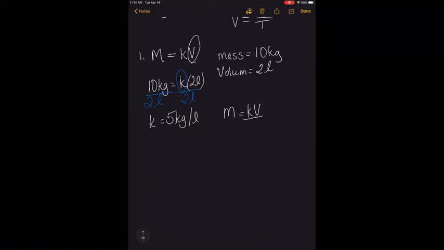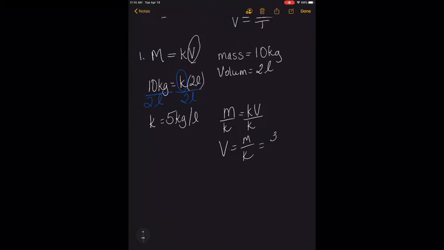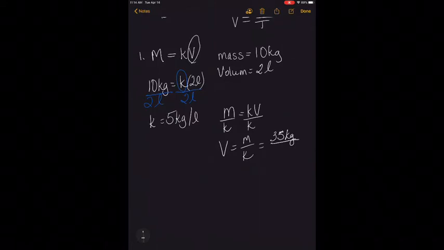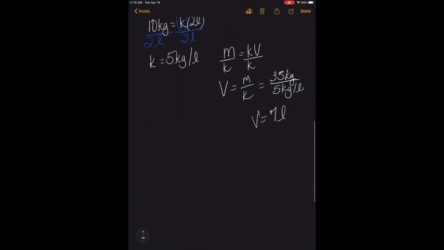We are looking for our volume, so let's divide both sides by K. So our volume equals M over K. And if our mass is 35 kilos over 5 kilograms per liter, then V equals 7 liters. That's our volume.